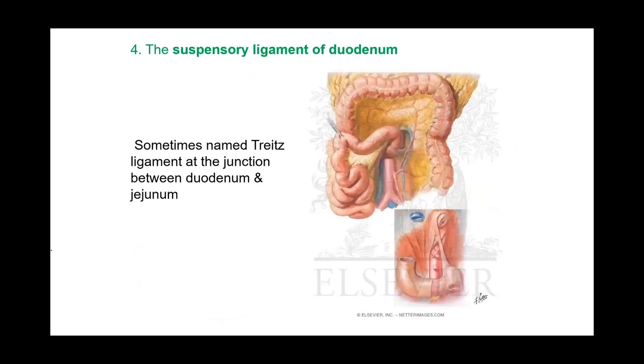Now, there is what is termed the ligament of Treitz, or suspensory ligament of the duodenum. Okay, it is at the duodenojejunal junction.